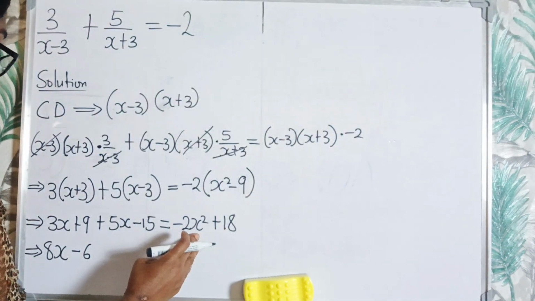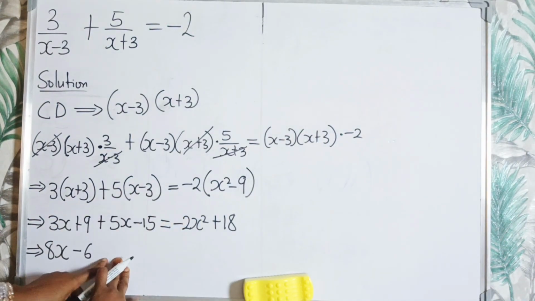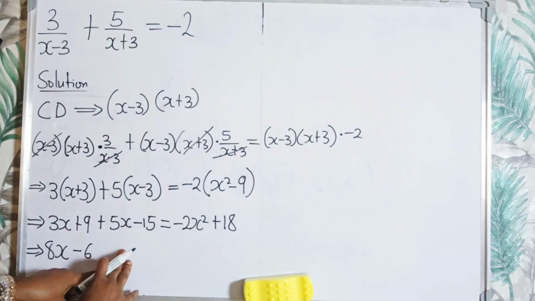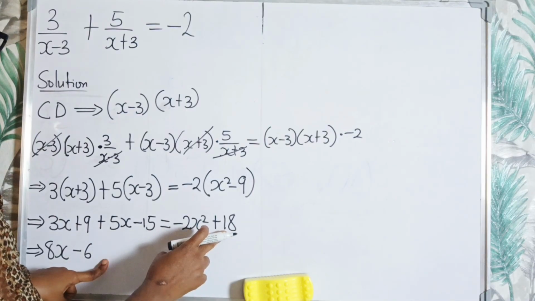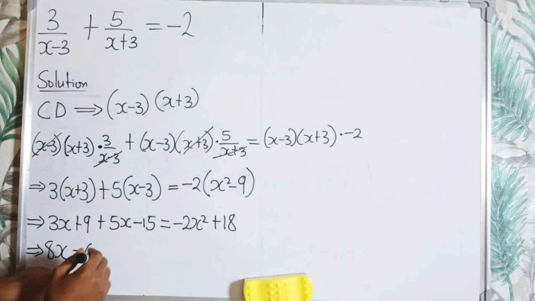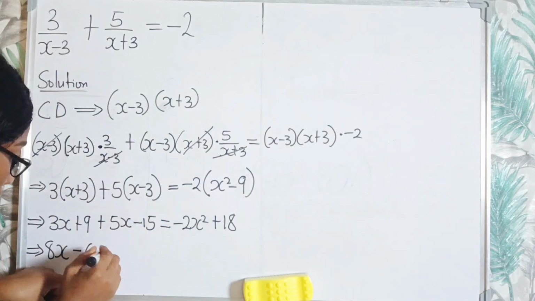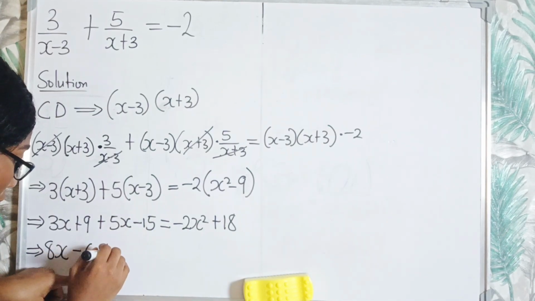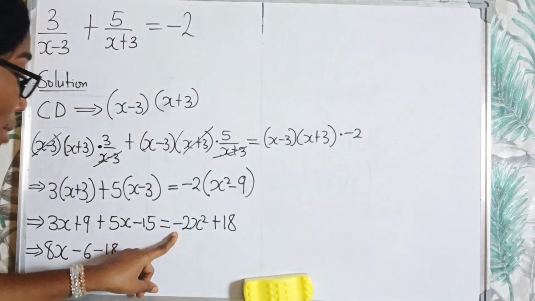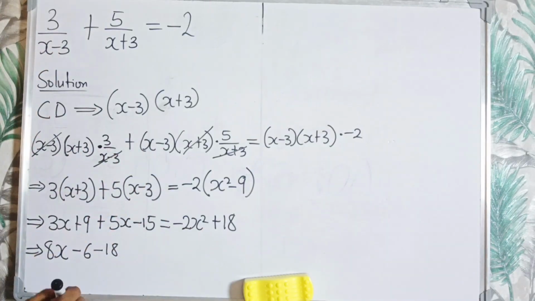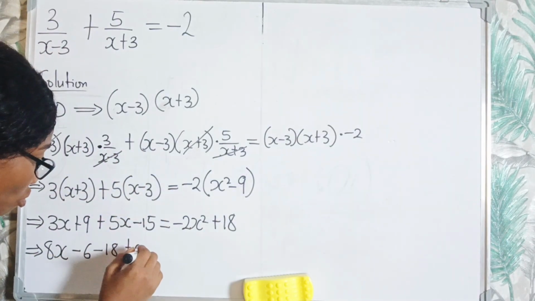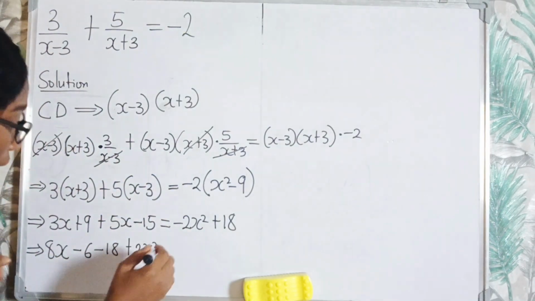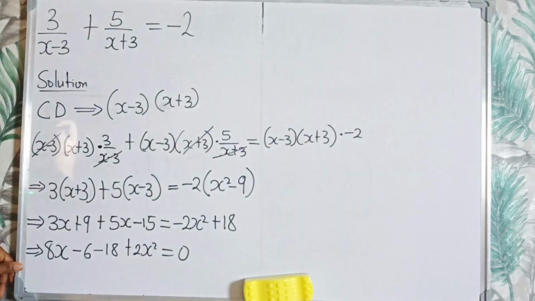And then here, let's bring this one over to this side so that we can equate everything to 0. So bringing in my 18, 18 is crossing over to this side to become minus 18. And minus 2x squared is crossing over to this side to become plus 2x squared. And this is equal to 0.